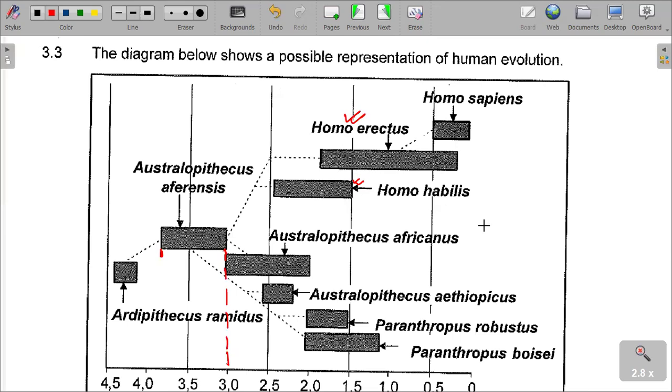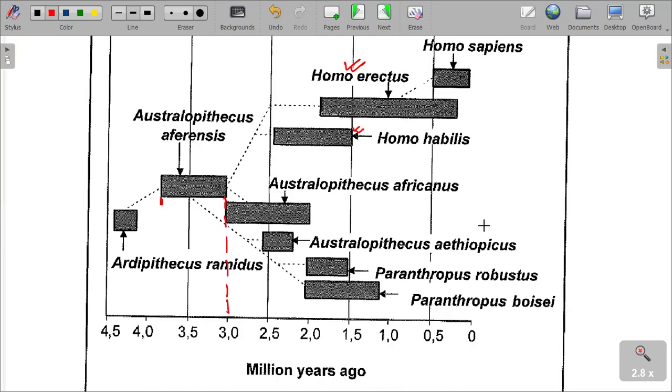And then we also have to check again, it also coexisted with the Homo sapiens. From here to there is the Homo habilis, and then we also have the Homo sapiens, from here to there.